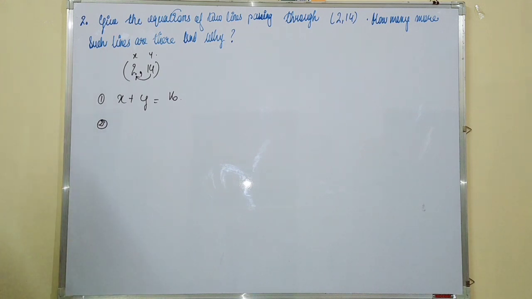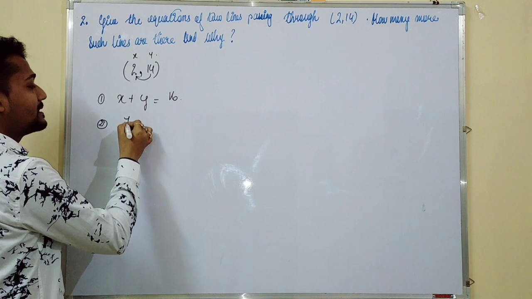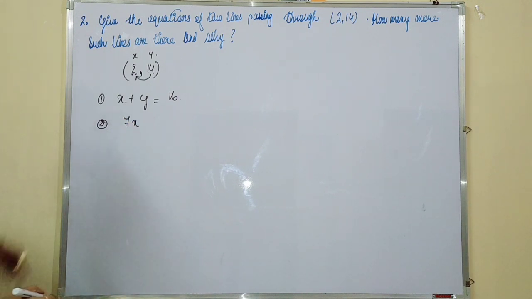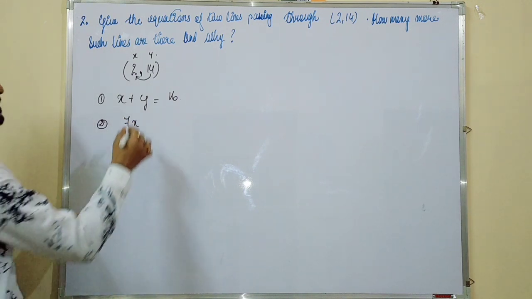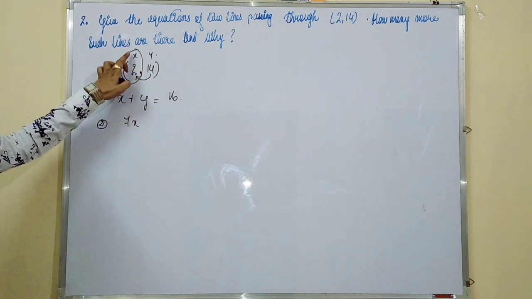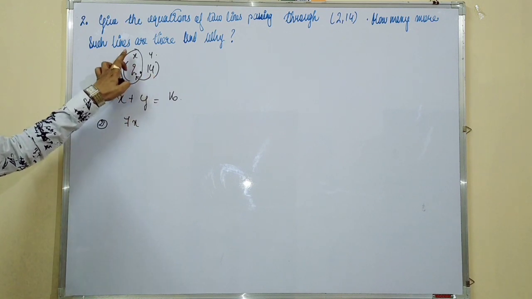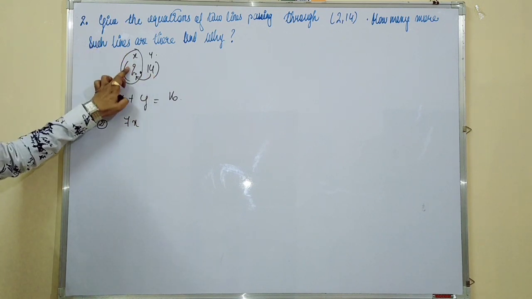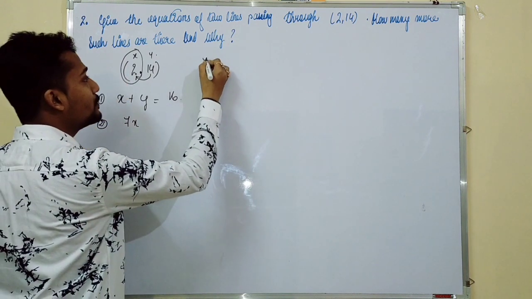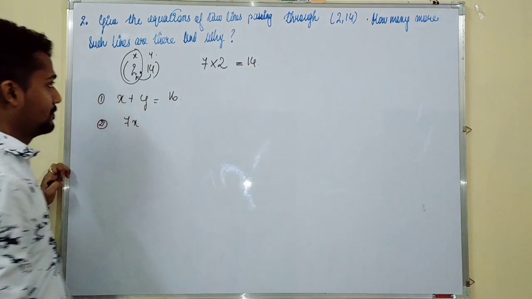Isn't it? Yes. Next, 7x. If you multiply x with 7, how much will you get?